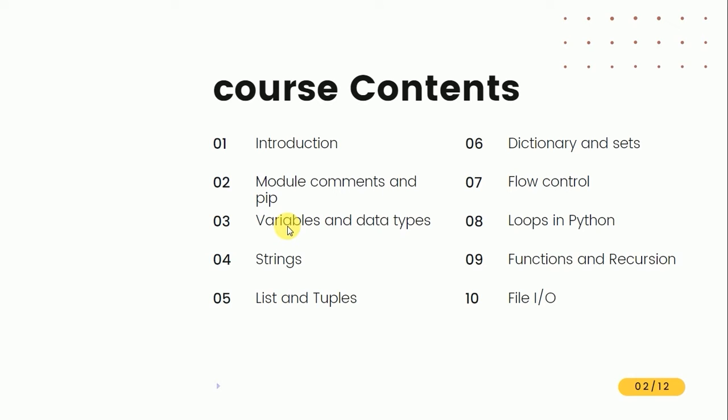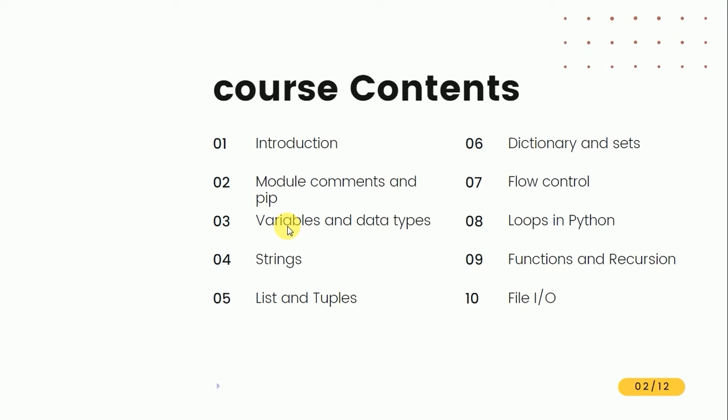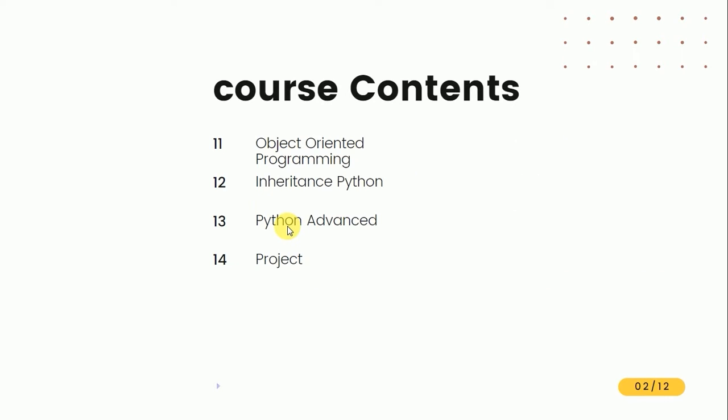This course is useful for beginners. Now these are the course contents. We will learn a basic introduction to Python, then modules, comments and pip, what modules are, what comments are, and what pip is in Python, then variables and data types, how to declare and use variables in Python, then different string operations, lists and tuples, dictionaries, sets, flow control statements, loops in Python, functions and recursion, file input output, object oriented programming, inheritance in Python and Python advanced.